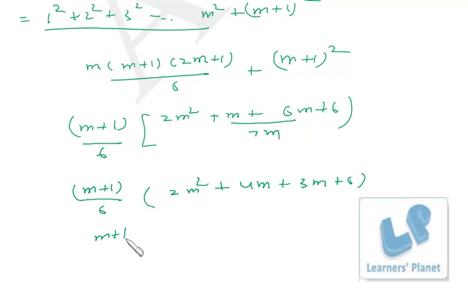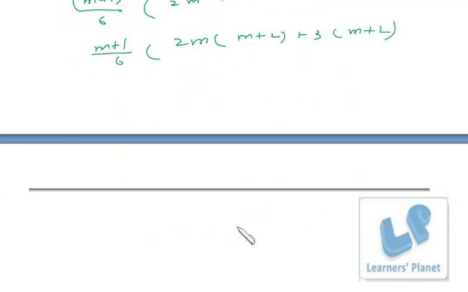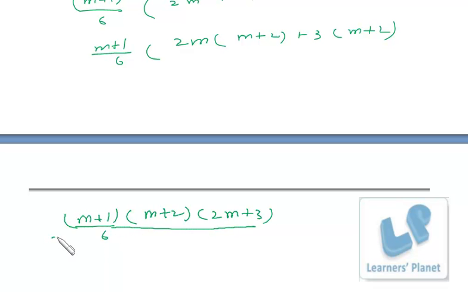So that is m plus 1 by 6, 2m common, m plus 2, plus 3 common, m plus 2, right? So it will be m plus 1 by 6, then it is 2m plus 3, first of all m plus 2, then 2m plus 3, right?